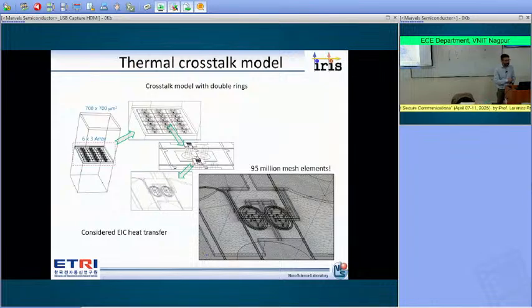Then there is another practical point of view: the thermal crosstalk. Let us assume that we have many of those microring resonators, and we want to hit one of them because we want to move its spectral position. So the question is, is the heating of that specific microring resonator affecting the others or not?